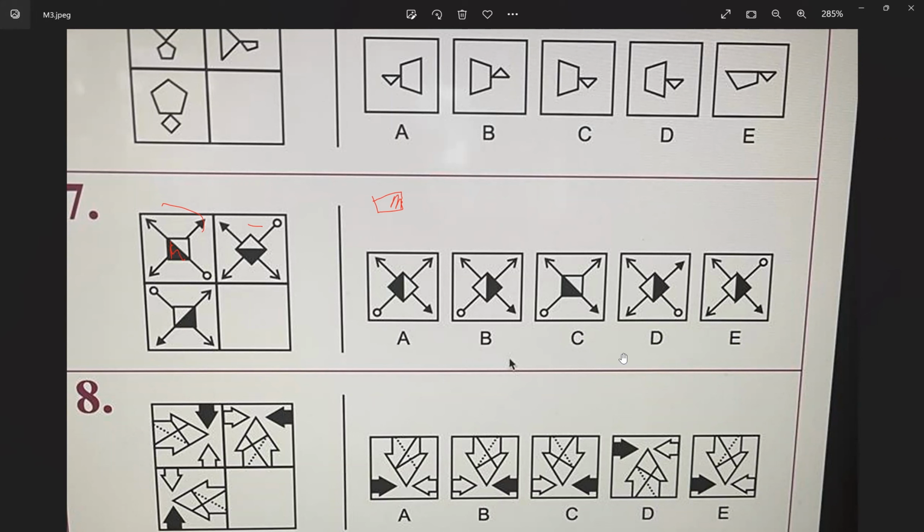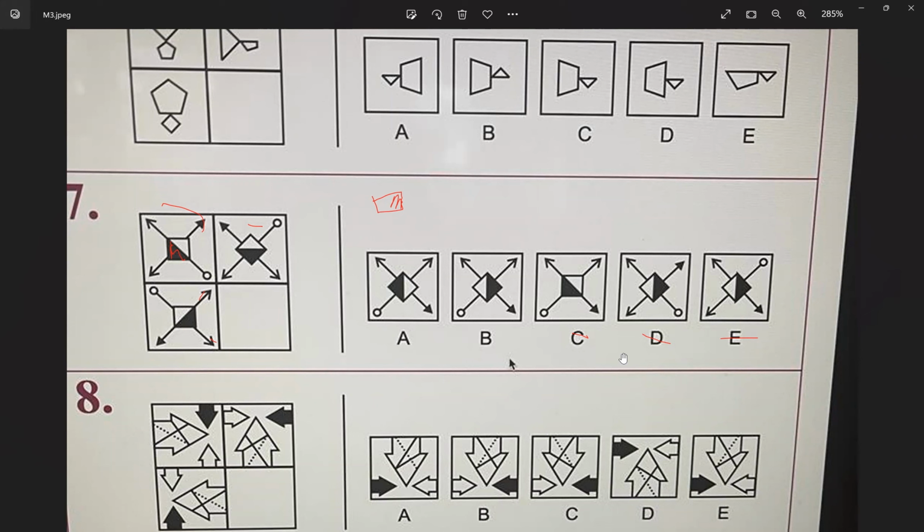So one thing, these two same arrows would be pointing up, so eliminate D, eliminate E. And then onto the diamond, it can't be C because again it's the same square, it's not a diamond. And then after that, let's see.